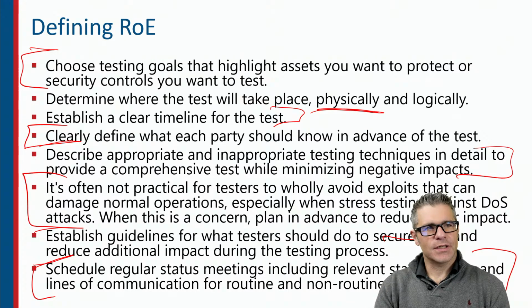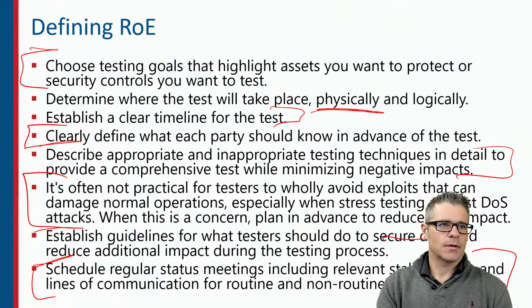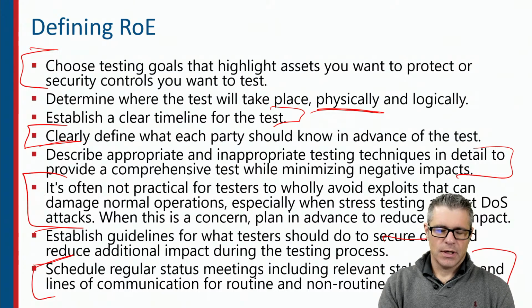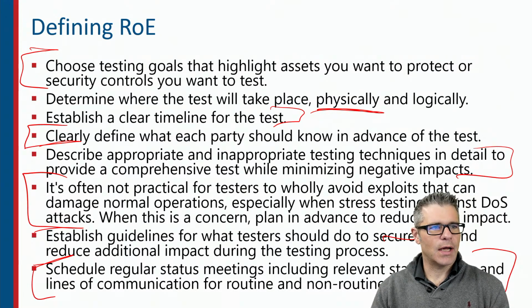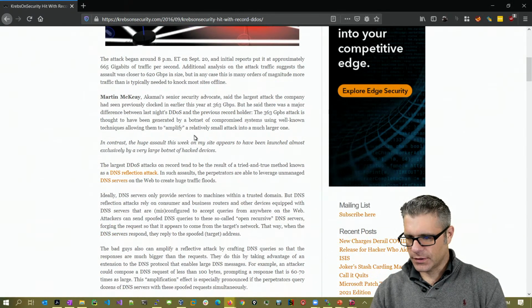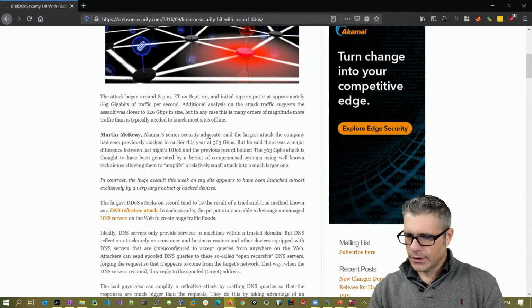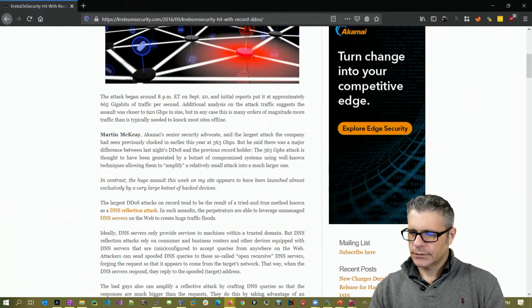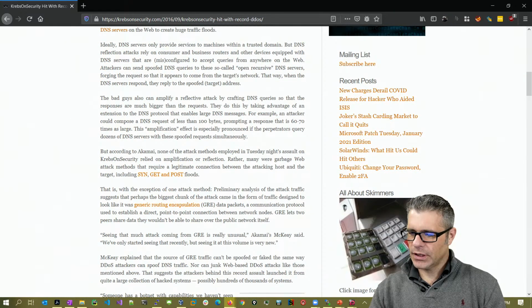When I'm talking DDoS with students, I like to bring up the Brian Krebs attack. I'm pretty sure that was the Mirai botnet that fired off on him. And what was the total here? 363 Gbps.